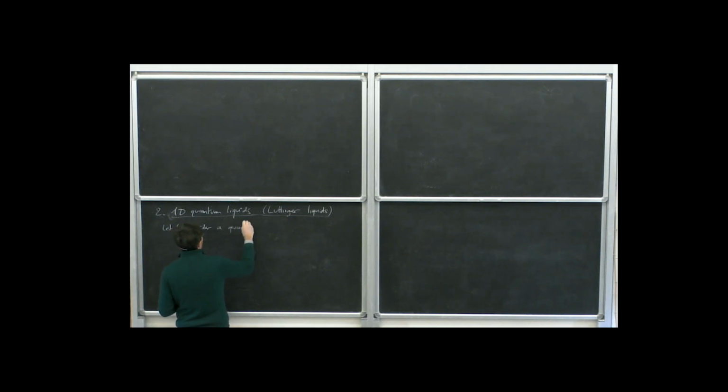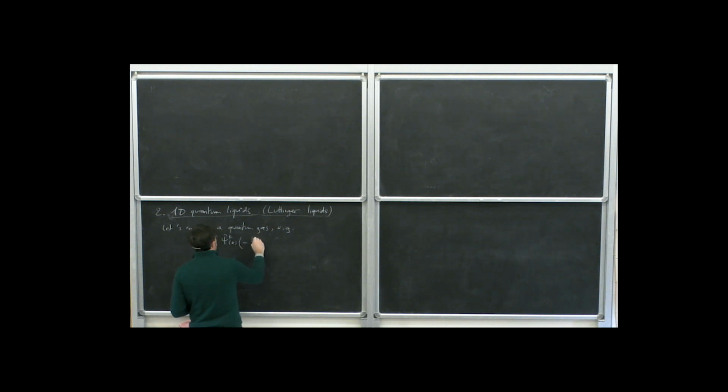I'm going to consider bosons, but you could have the same kind of discussion for fermions. Let's say, for instance, a model like this. The Hamiltonian we write in second quantization.